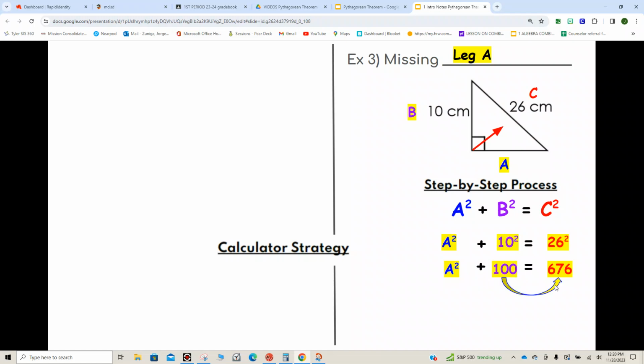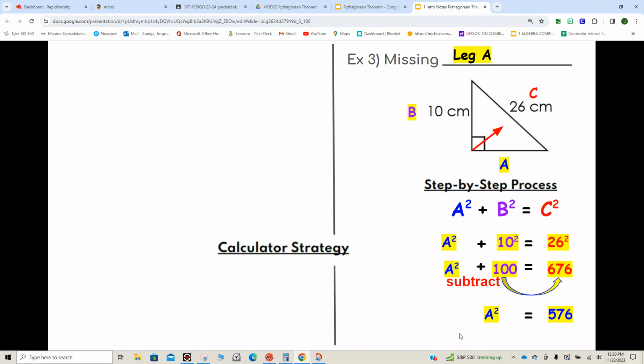So we're going to have to do something else over here. So this plus 100 equals 676. So in order to find out what this is, well, we got to subtract. So what do you get when you subtract these two? Very good. Now what I'm going to do is I'm going to bring my a down. I'm going to bring down the equals, and then I'm going to put 576 right there.